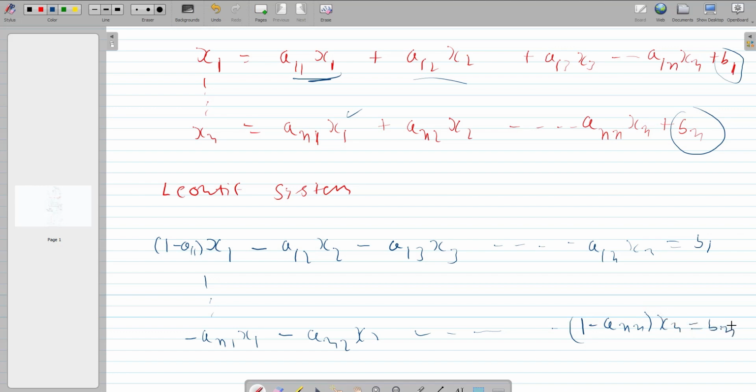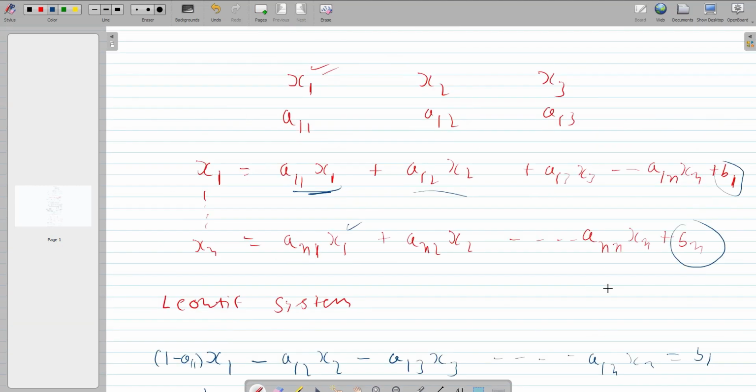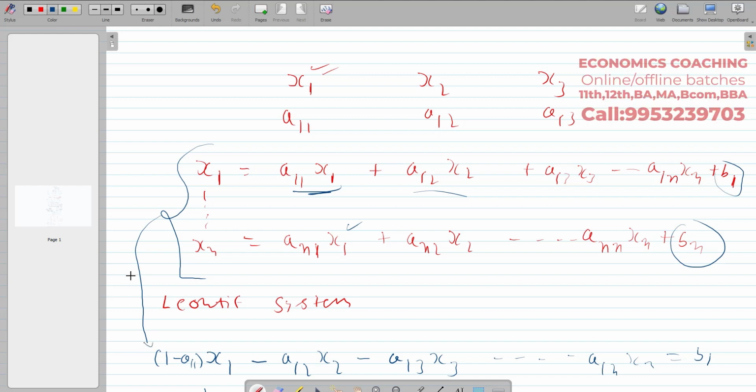So I have not done anything different, and I've explained this system of equations. I have just rearranged, bringing all the x terms on one side and the b terms to the other side.